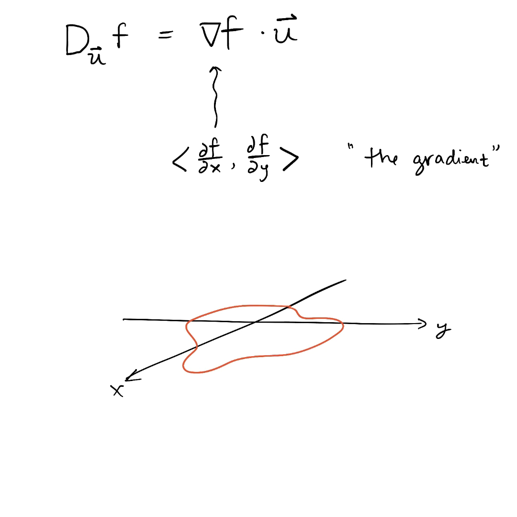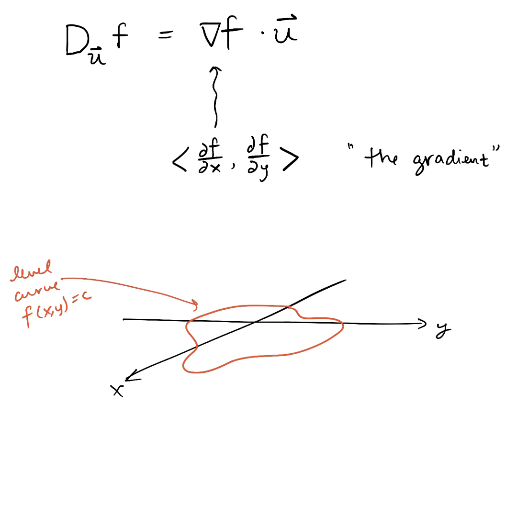So that's a curve laying flat in the xy plane and represents all the inputs x comma y that make some function come out to a constant value. So maybe this is the level curve f of x y comes out to c. So these are all the inputs x comma y that make f come out to c.